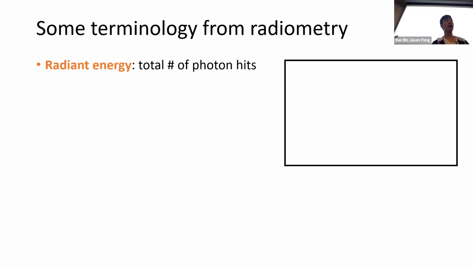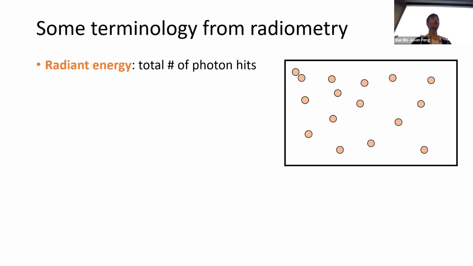To quantify light energy, we're going to introduce a few terms from radiometry. First, we have the radiant energy, which represents the total amount of light energy that arrives on the surface. And we can roughly think of this as being the number of photons that hit a given surface.